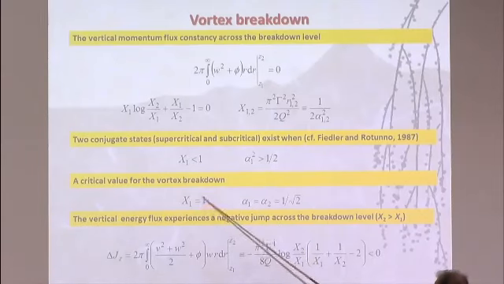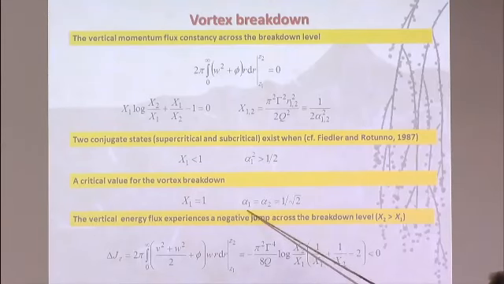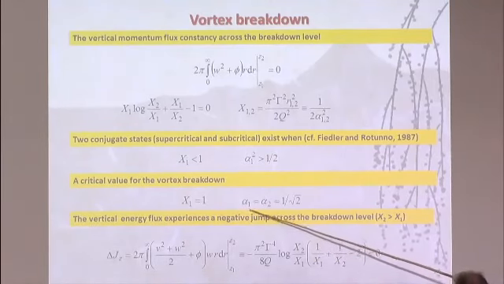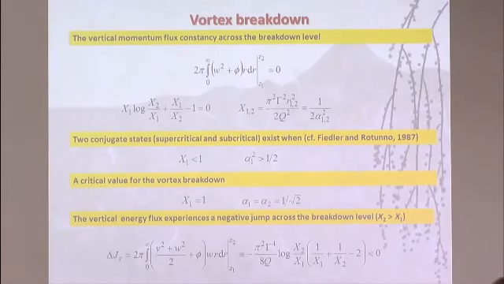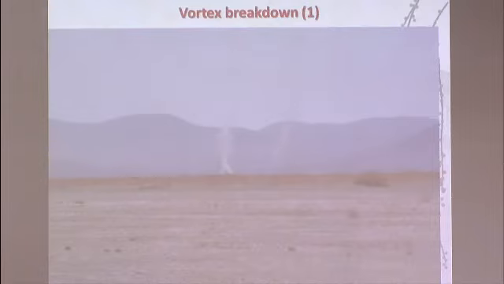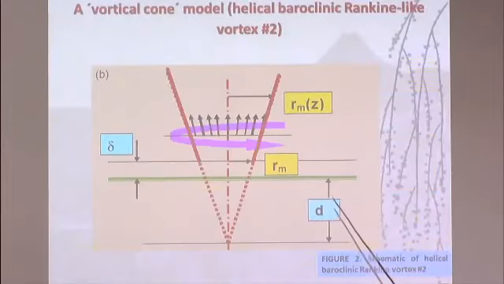So the critical value is when this x1 is unity. So these two helical parameters, below and above the breakdown level, are the same, and 1 divided by the square root of 2. So we get this condition of maximum strength.